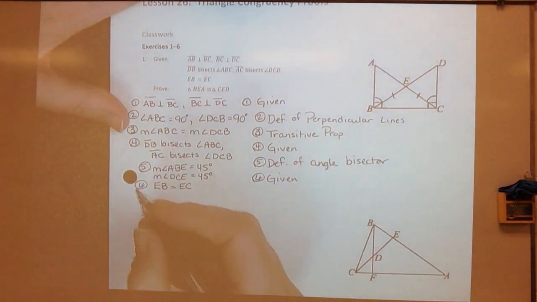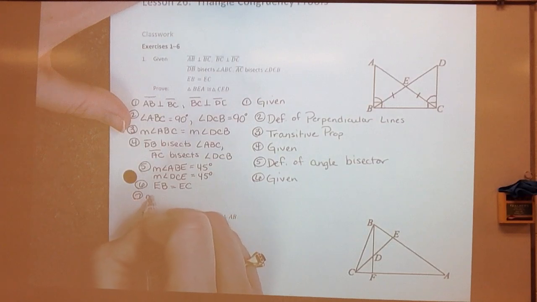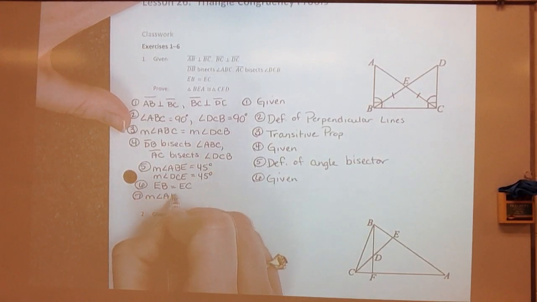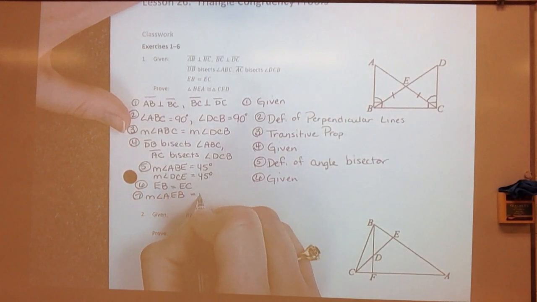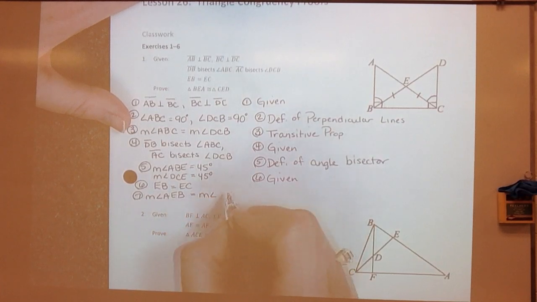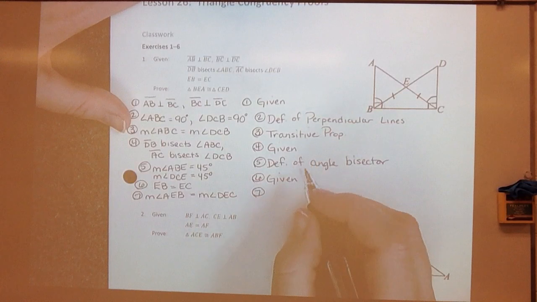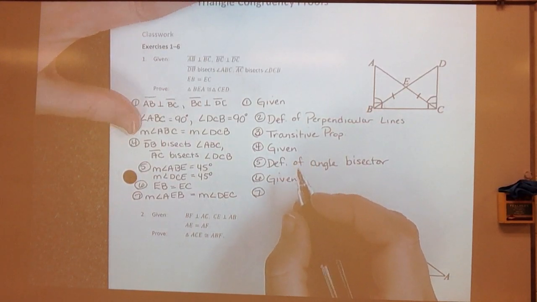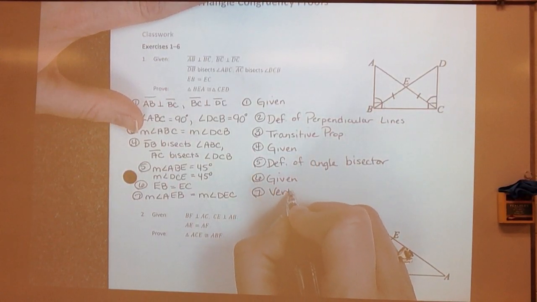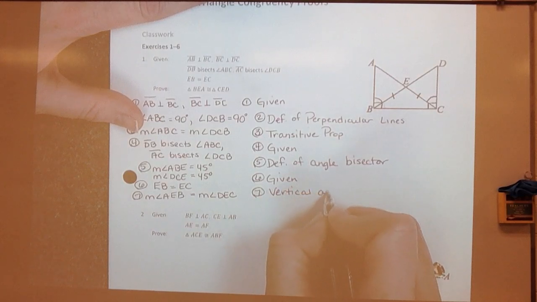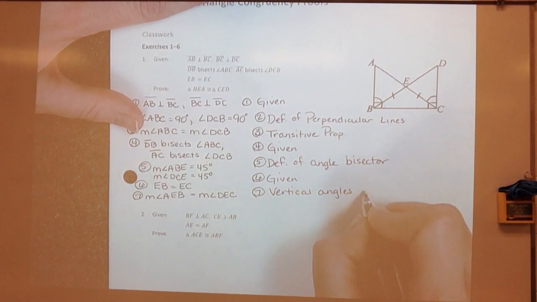So I can say that the measure of angle AEB is equal to the measure of angle DEC because vertical angles are equal in measure. Alright, we know that vertical angles are equal.